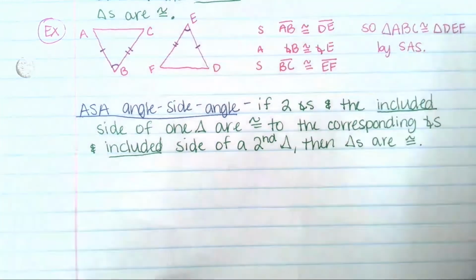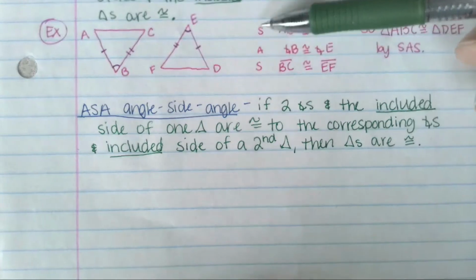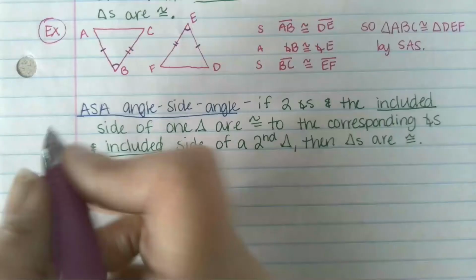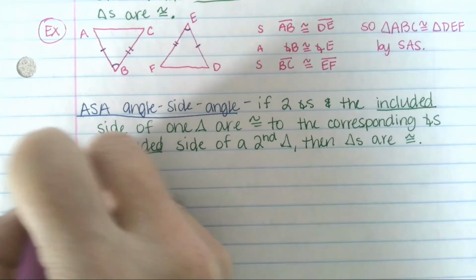So where the last one we were looking for the angle between the sides, now we're doing the opposite. We're looking for the side between the angles. So here's our diagram.